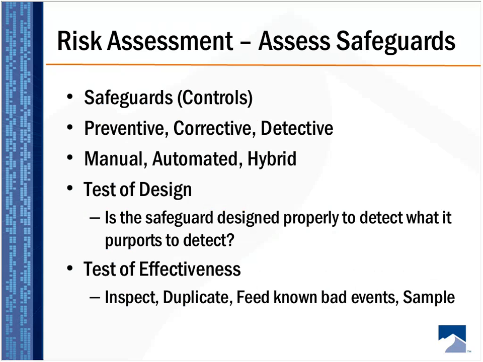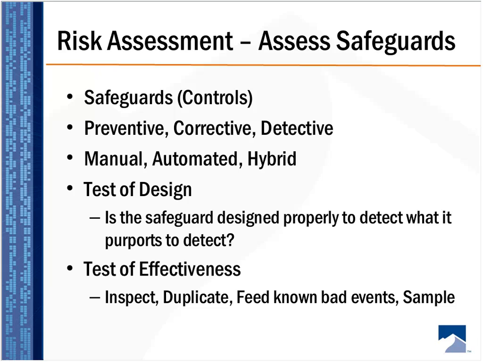When we are looking at our safeguards and whether they're sufficient, IT auditors typically approach it in two ways, sequentially. First, test of design. You ask the question, is this safeguard designed to meet the goal? If we want to roll a wagon, we need round tires, not square. And while that's maybe a poor example, that's the concept of test of design.